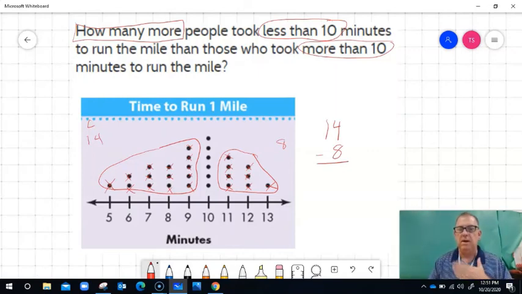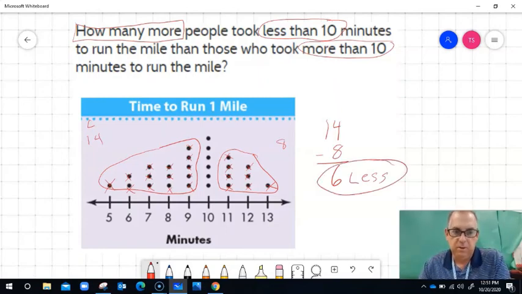So that's 8, 9, 10, 11, 12, 13, 14. So it looks like 6 people took less than. 6 more people took less than 10 minutes to run a mile.